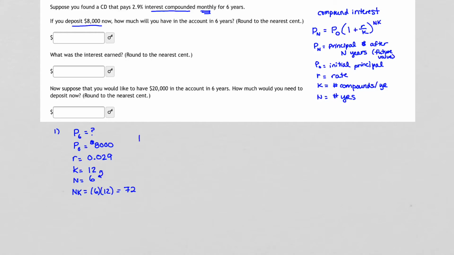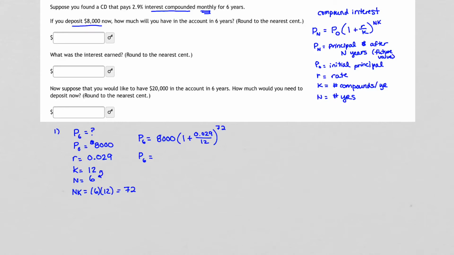I have that P sub 6, or the amount after 6 years, is equal to 8,000, my initial principal, times 1 plus 0.029 divided by 12, all raised to the 72. Now let's put that either into a scientific calculator or Desmos and evaluate.